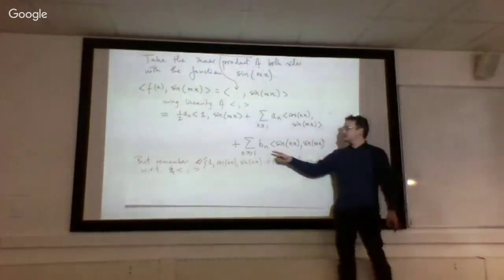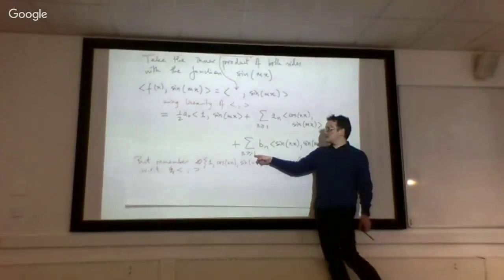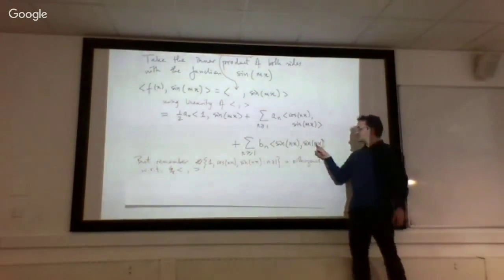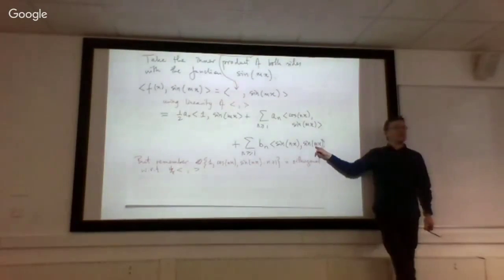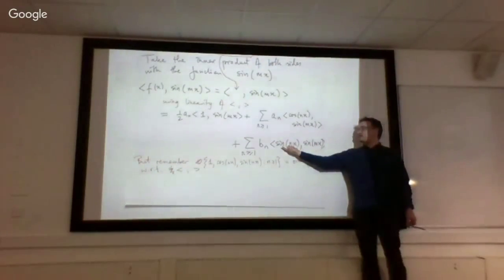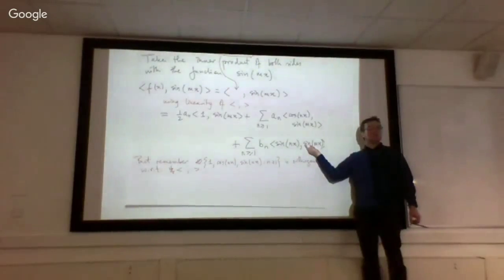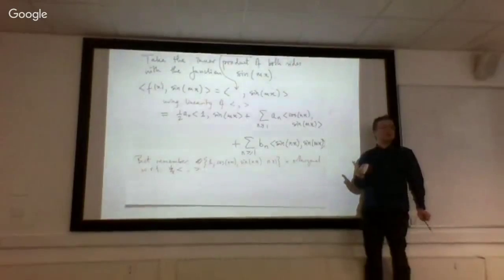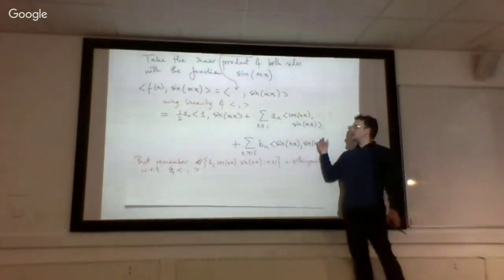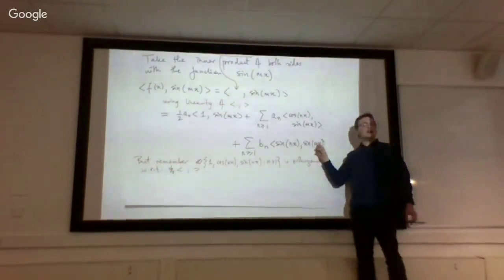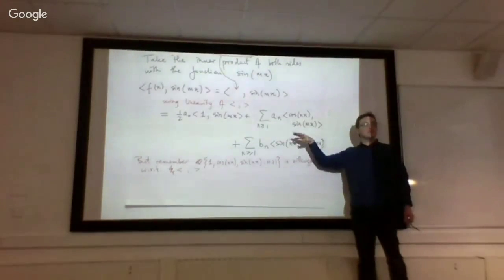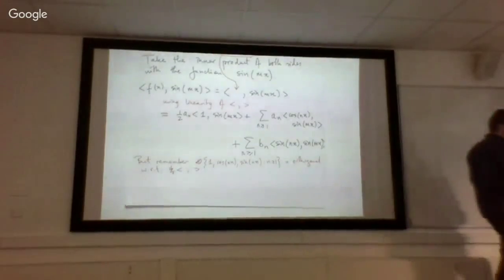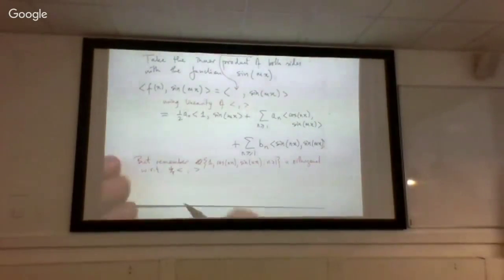And that's when this index n, which starts at the value 1 and goes 1, 2, 3, 4, 5, all the way up to infinity, at some point hits this value m. Then you'll have the inner product of the sine of mx with itself, and that value, we worked out in the previous example, is equal to pi. So that's the only time one of these inner products on this line is non-zero. All of them are 0, except for this one, when n takes on the value m.